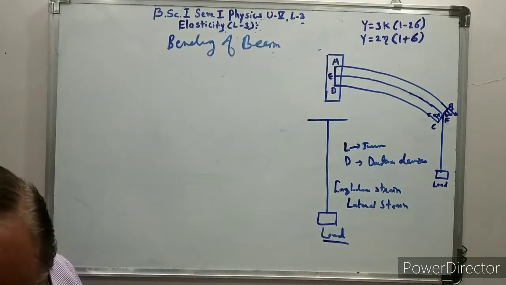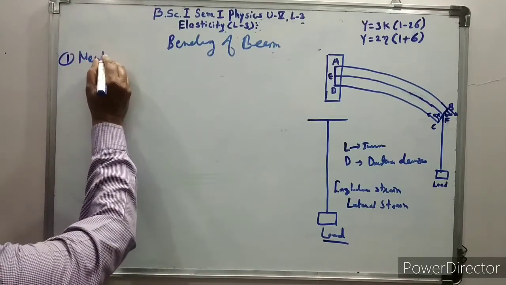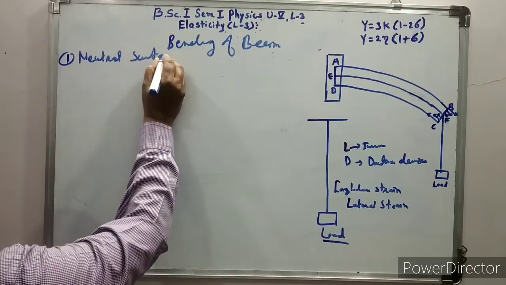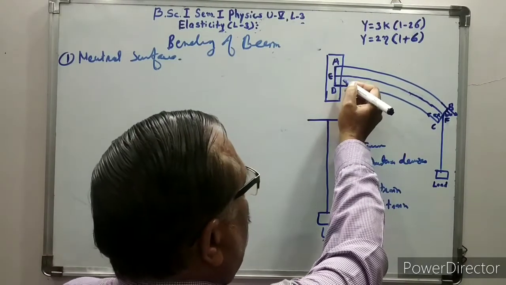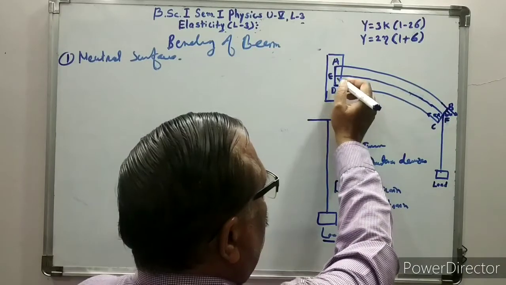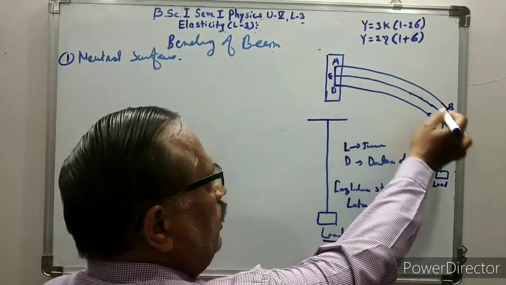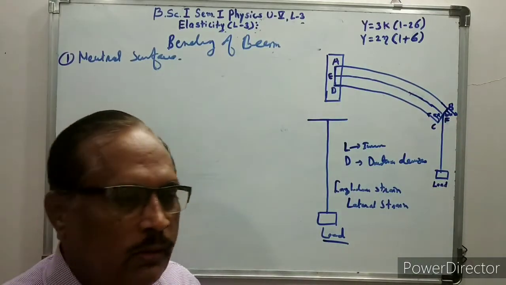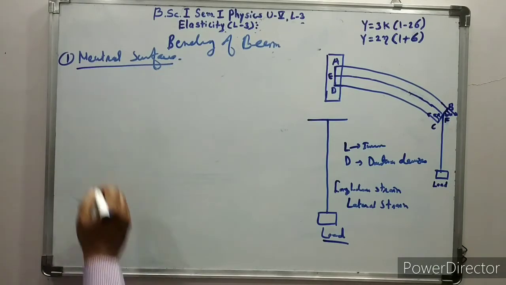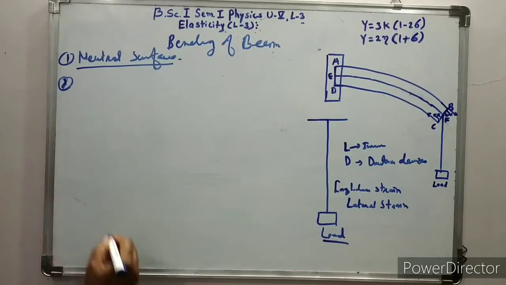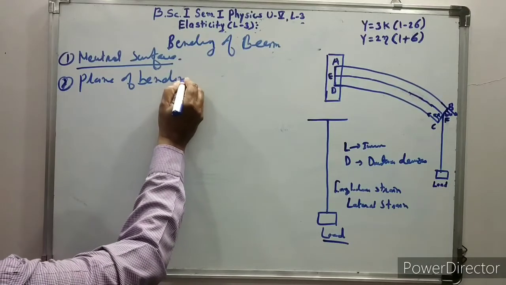Now let us discuss what is neutral surface. The layer along EF, the layer in the middle of the beam which neither elongates nor contracts but remains of the same length, is called the neutral surface. The second one is plane of bending.